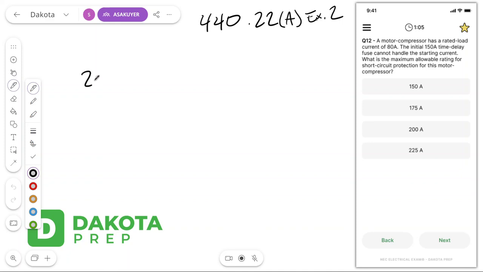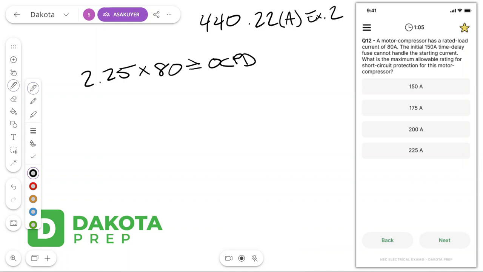We'll give you 225% times our rated load current of 80 amps, but no more after that. That's the largest that we can go. Our overcurrent protection cannot exceed that number. That's the absolute maximum.